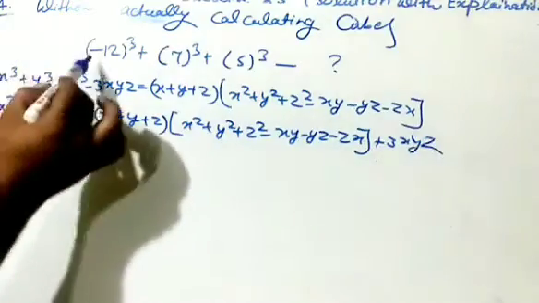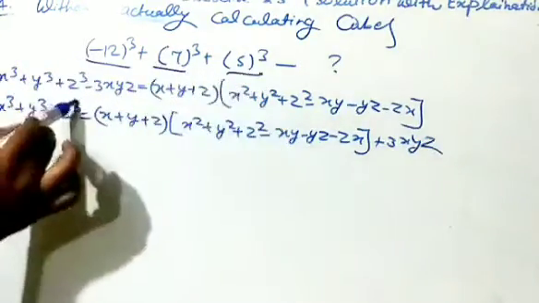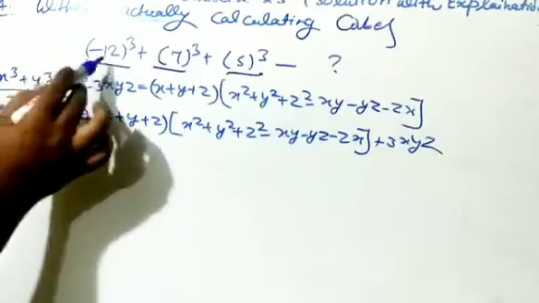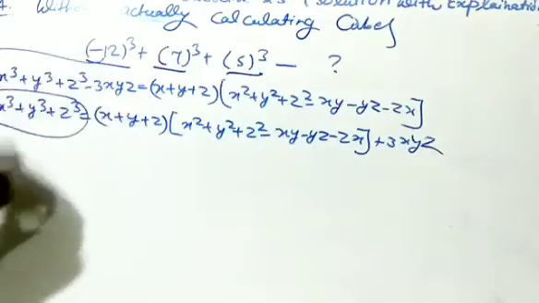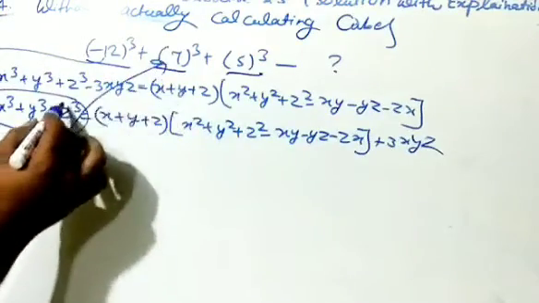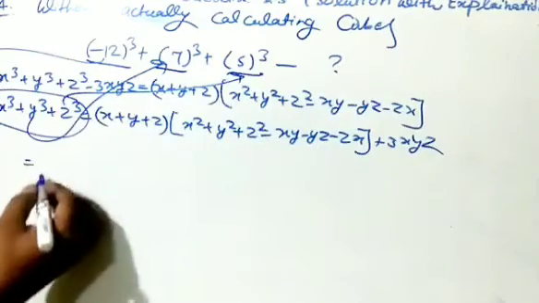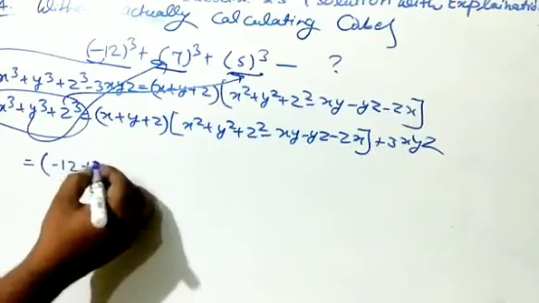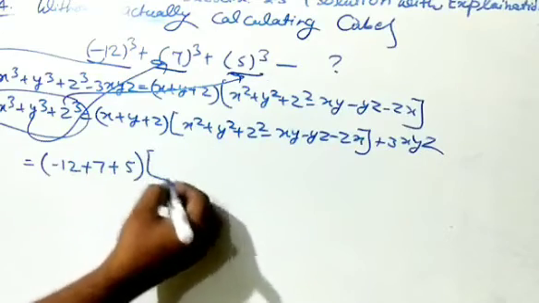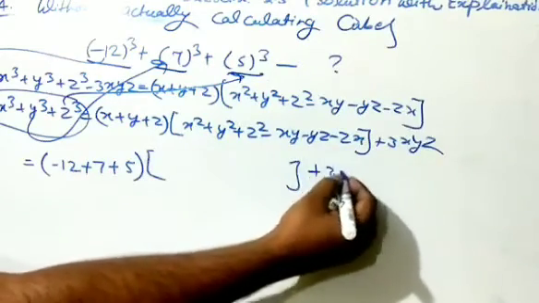Now this is the formula for x cube plus y cube plus z cube. What is the value of x? If we compare, x is minus 12, y is 7 and z is 5. So right here x plus y plus z is minus 12 plus 7 plus 5, this will be a bracket, and plus 3xyz.